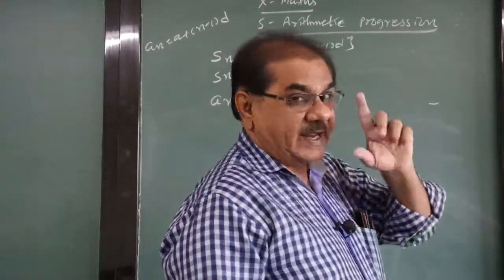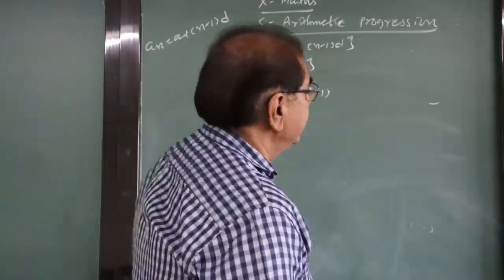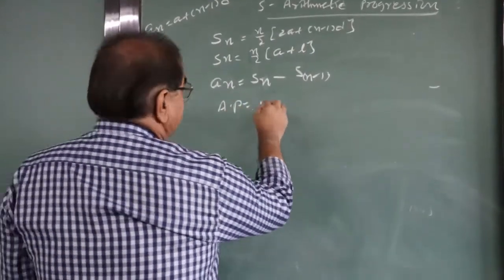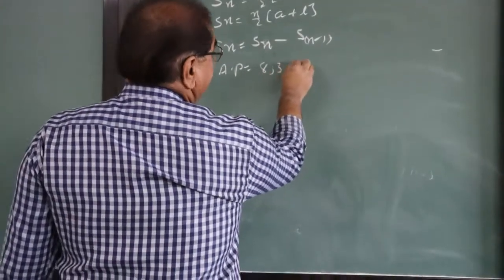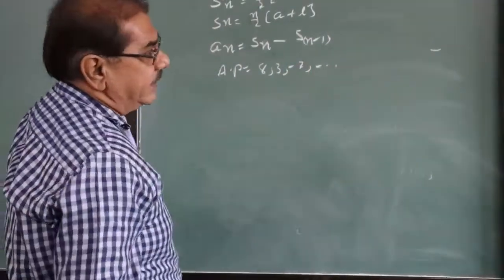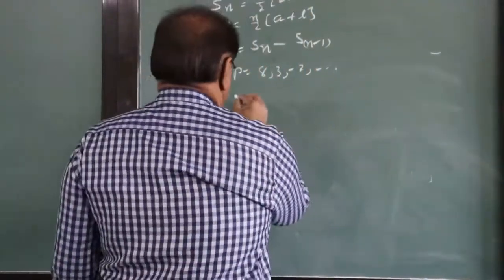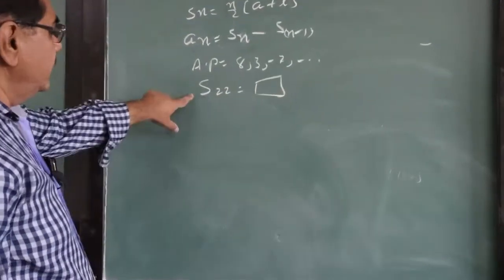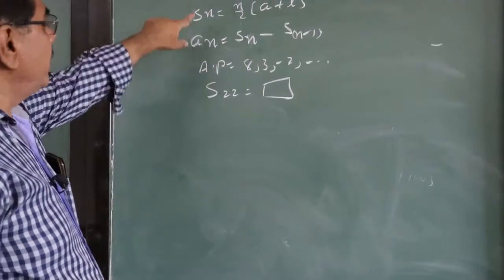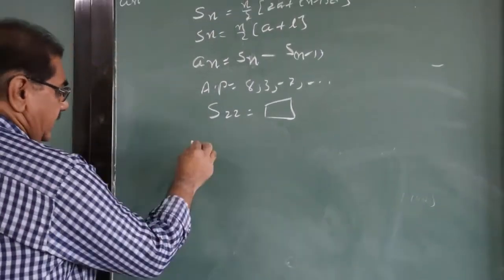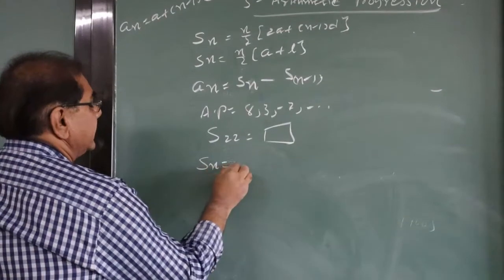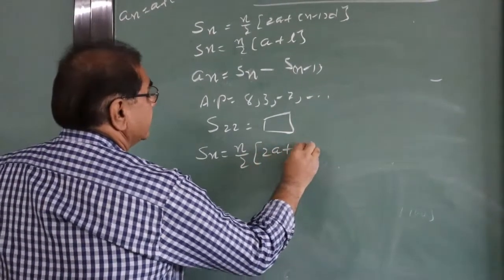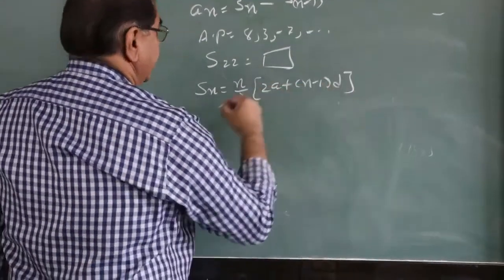Now we go for some textual examples. First, you are given an AP: 8, 3, minus 2 and so on, and you want to find out S22. So what to do? Go for the formula of Sn. Sn is equal to n by 2, 2a plus n minus 1 into d.